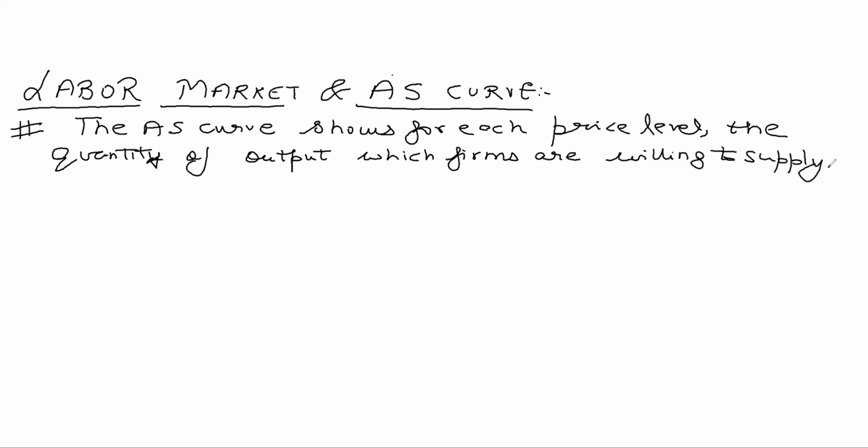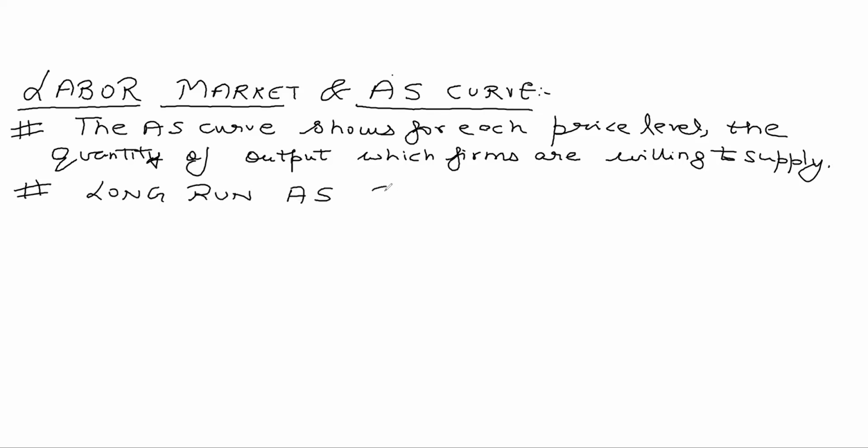So the AS curve will show for every price level the quantity of output which all the firms are willing to supply. Today we are doing the long run AS curve.